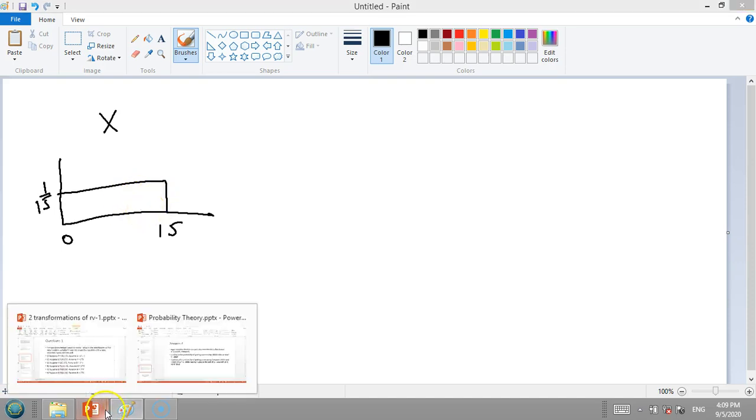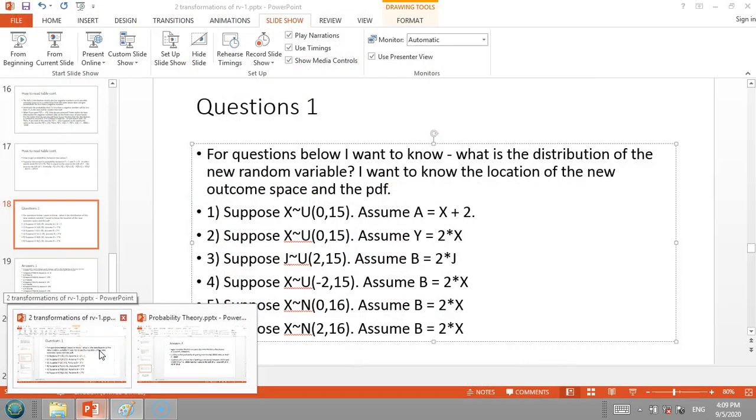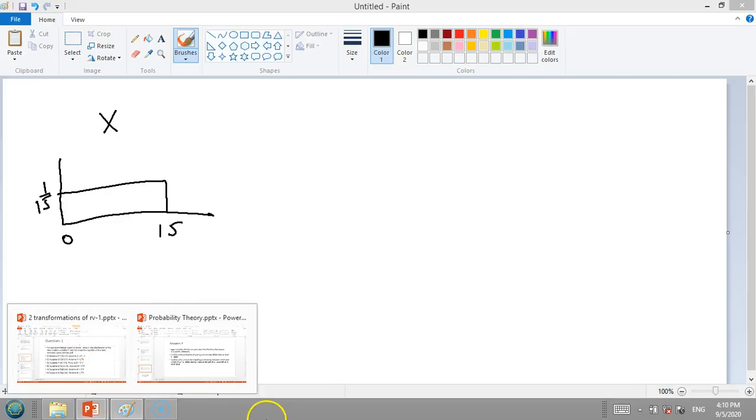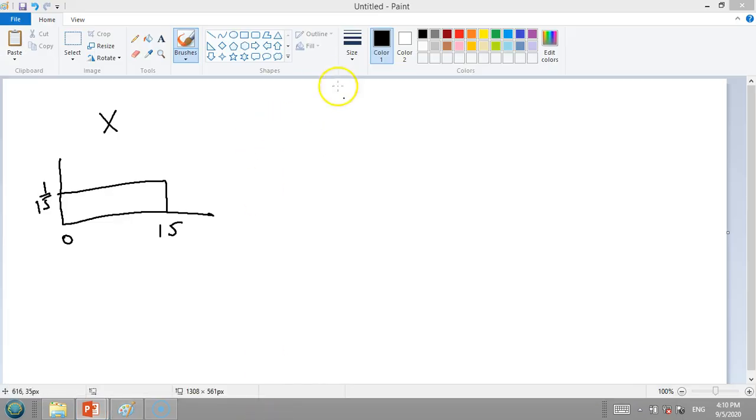And then a, so I want to transform a equals x plus 2, like this. And so everything shifts 2 units to the right. That's what it's going to look like.